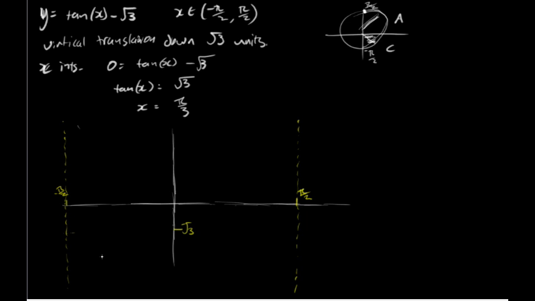And just sketching this, we've got an x-intercept at pi on 3, so roughly somewhere over here. So let's draw those in.